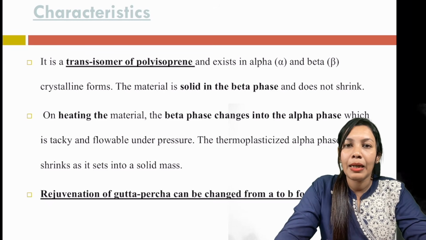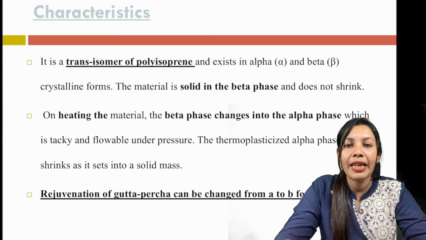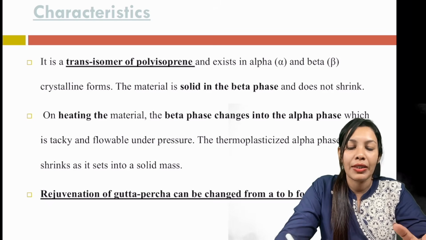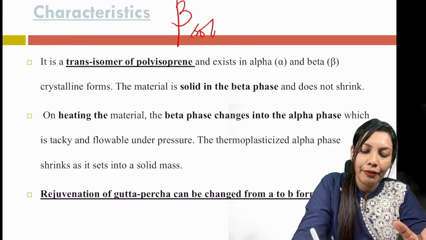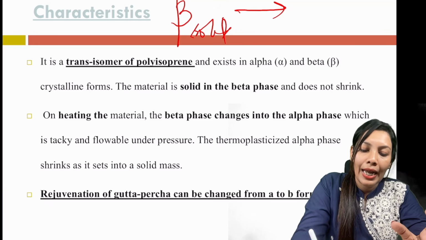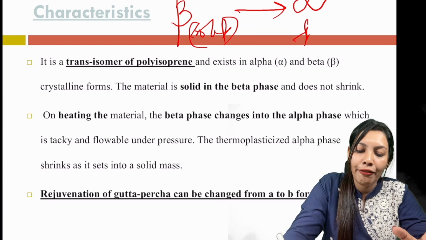As I said, gutta percha is a trans isomer of polyisoprene. We extract it from a tree and it is converted into resin form. We get it in a solid form, and the solid form is the beta phase. Very important: the form in which it is available is the beta phase. The beta phase can convert into the alpha phase. The alpha phase is the flowable or tacky phase.